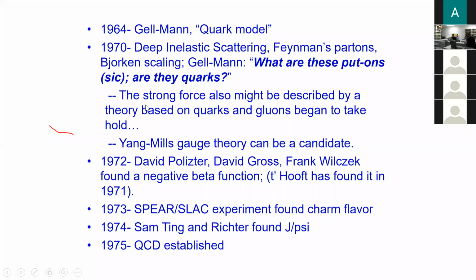And then the strong interaction is one of the most important parts of the standard model, and the Yang-Mills gauge theory has been implemented, but it was not until later that the full field theory of QCD was achieved in the 1970s.